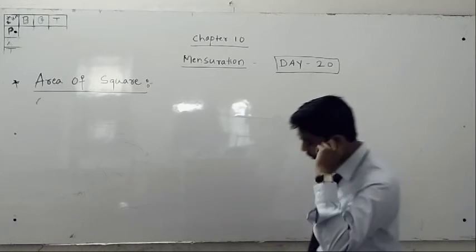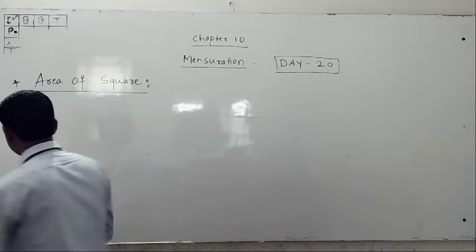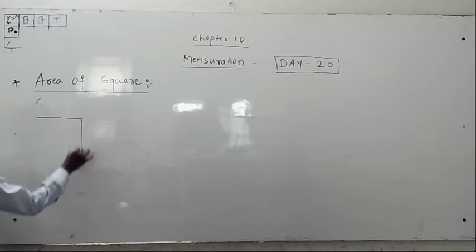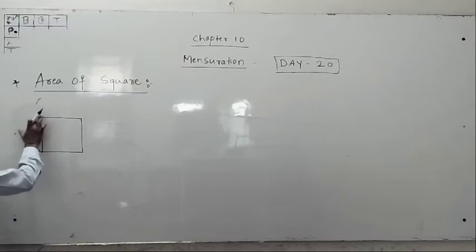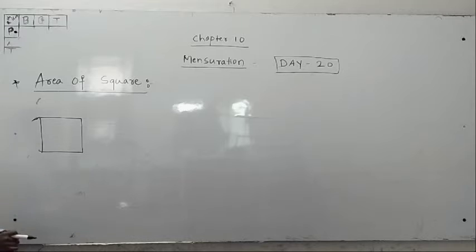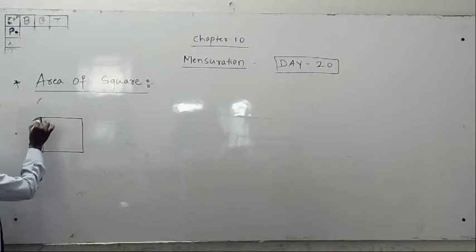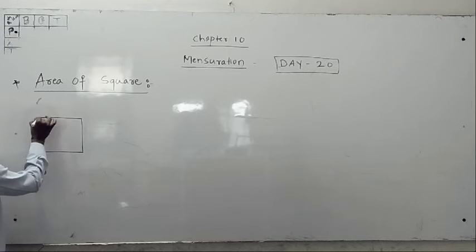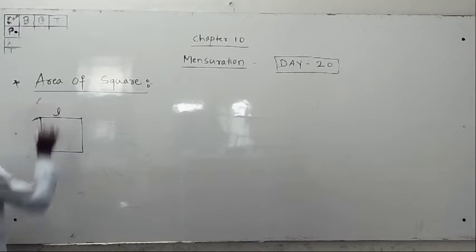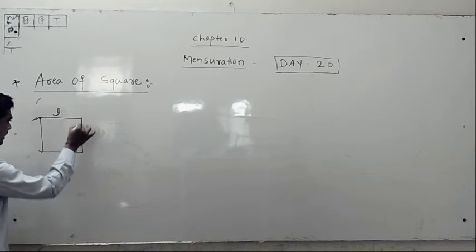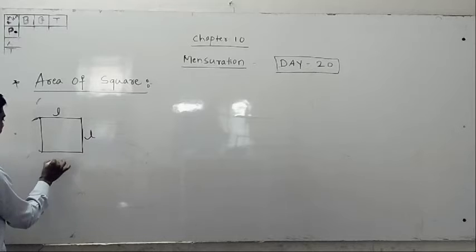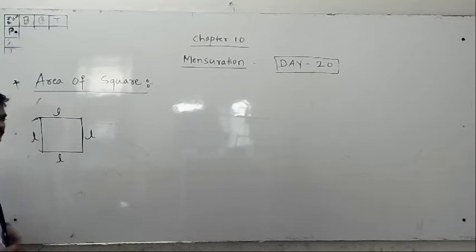Okay. Now square means all sides should be equal length. This is called a square figure. All sides should be equal length means from here to here, what is that? It is length. This is also the same length. Understand?